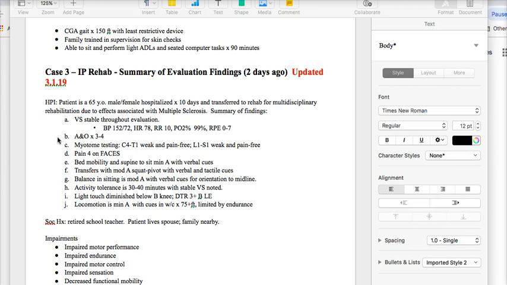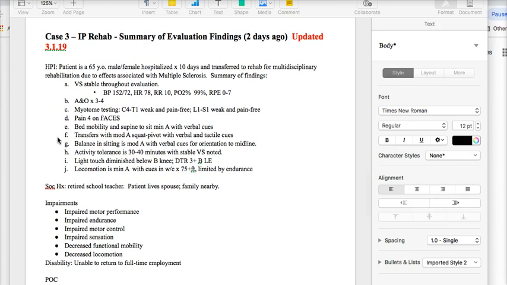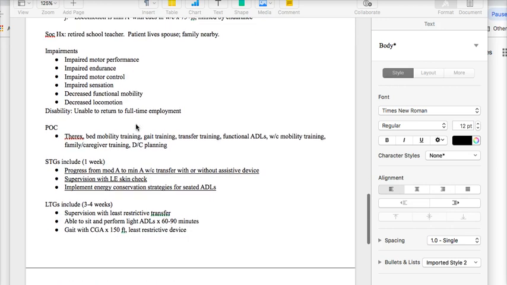So that's just something to know, and something that you've learned in PTA 103 lecture, and we talked about it some in 100 as well. But what's different in this case is that you have some upper extremity involvement. So the C4 to T1 myotomes that you've become skilled at testing is part of this picture with this particular patient.